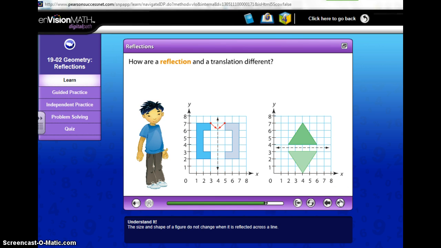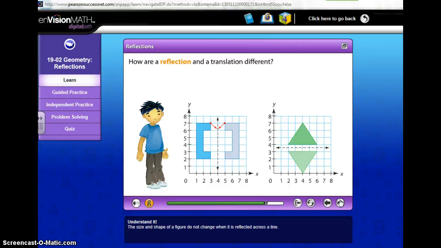How would a translation and a reflection be different from each other? Okay, that's a possibility. With a reflection, we can only move in one direction, correct? We're going to move to the right or to the left, up or down.